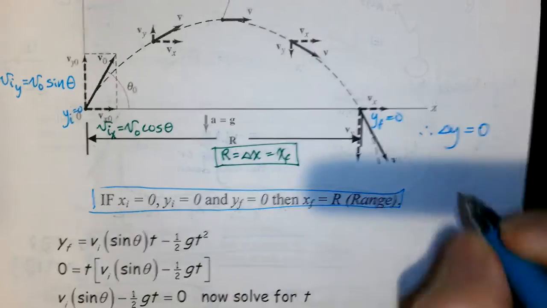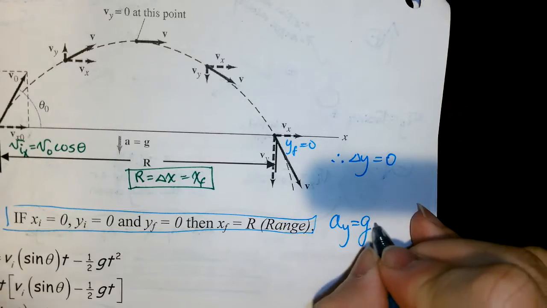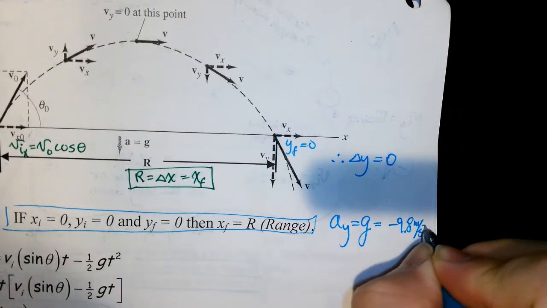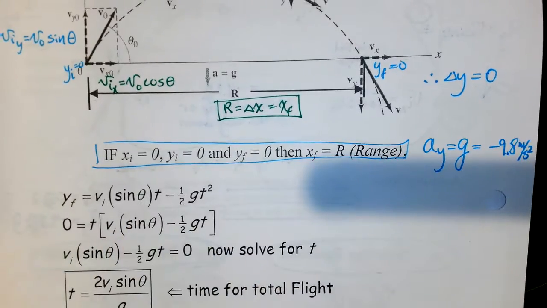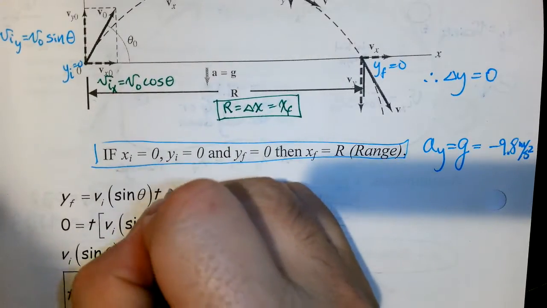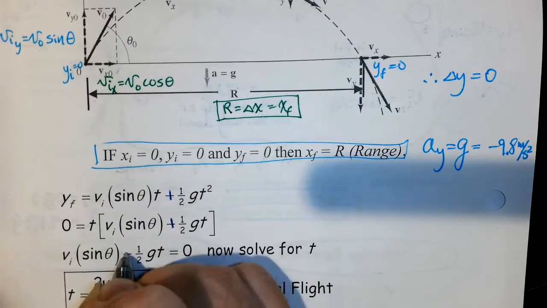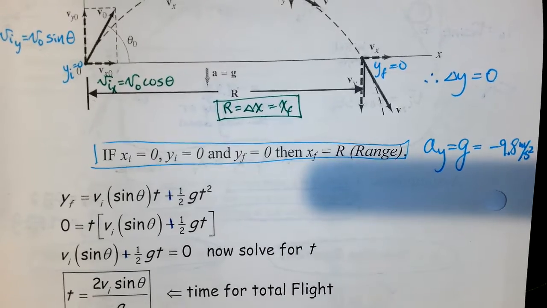We're going to also assume that A sub y is equal to just g, which is equal to negative 9.8 meters per second squared. And this is where the confusion happens. So don't follow this. This should be plus, plus, minus, plus, minus, minus, minus.